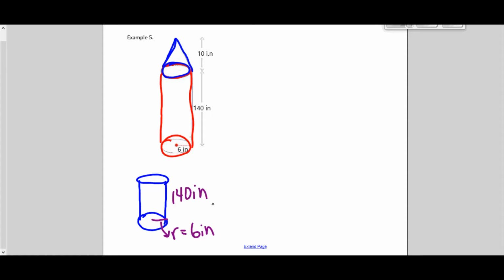So I'm going to find the volume of the cylinder, and I'm going to add it to the volume of the cone. So here's the cone, the circle, and then here's that. So this is the cone. The height of the cone, from here to here, they tell you is 10 inches.